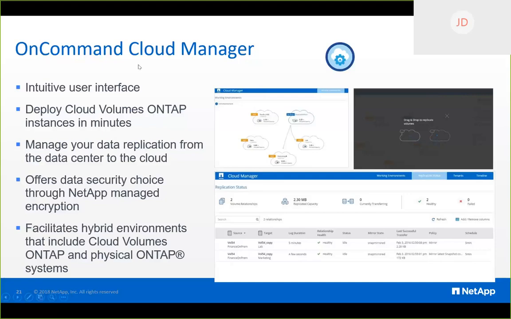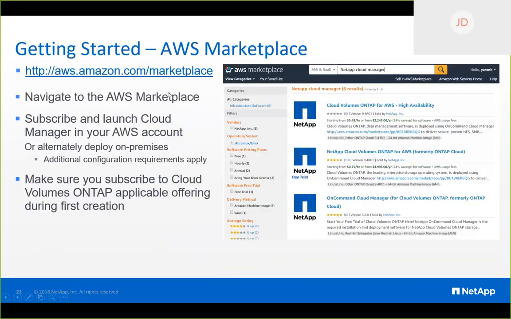So given that we know that OnCommand Cloud Manager is how you deploy Cloud Volumes ONTAP, it's worth just making a note here that if you decide you want to deploy Cloud Volumes ONTAP, do not go into the AWS Marketplace and search for Cloud Volumes ONTAP. The product you actually need to start with is Cloud Manager.